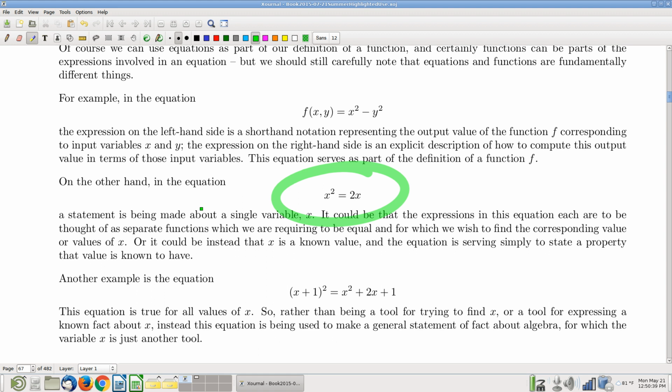What's the function? Is it x squared? x squared is a function that relates to the left side of the equation, but 2x is a different function that's just as importantly involved in this equation. Is it x squared minus 2x? That's a function whose roots would be found with this equation. But anyway, the point is that's an equation. That's not a function. Okay, so make sure to be clear on the difference.